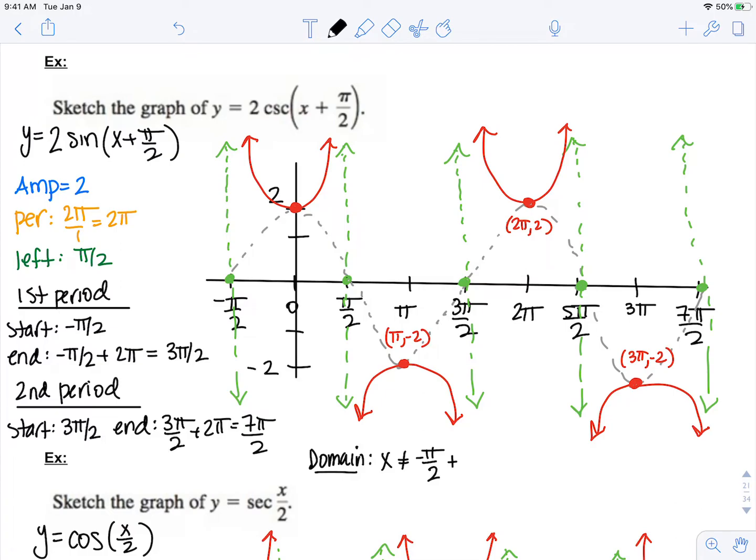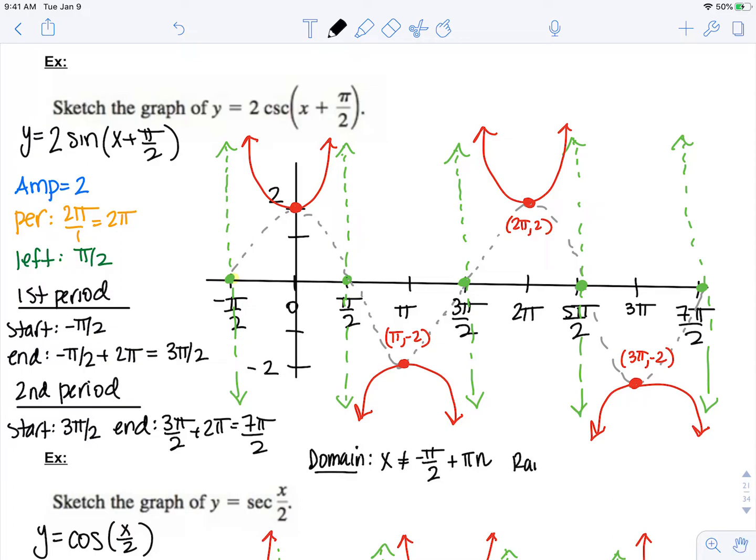However, we'll see that every vertical asymptote happens every half of a period. So since my period is 2 pi, it's going to be multiples of pi, or half of my period, every time I hit my next vertical asymptote.